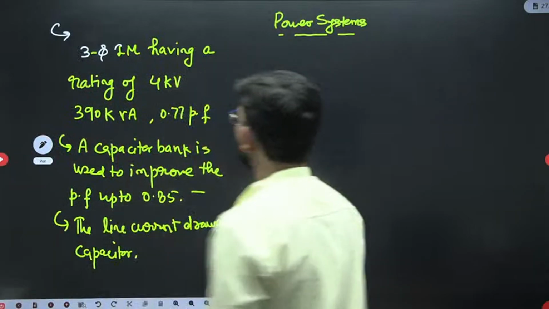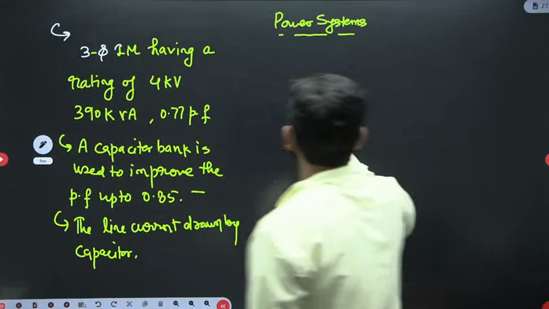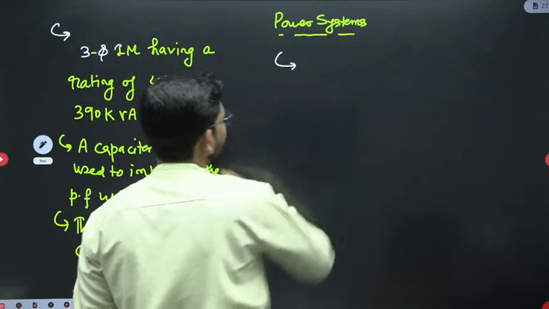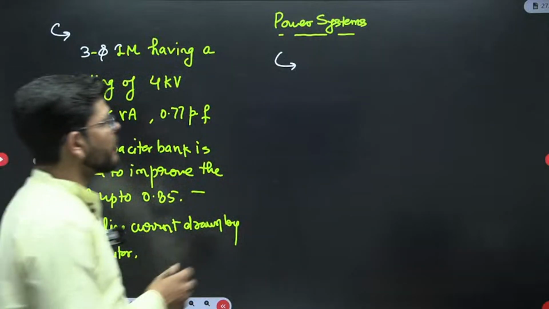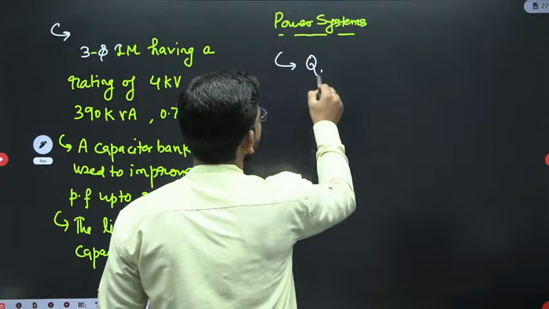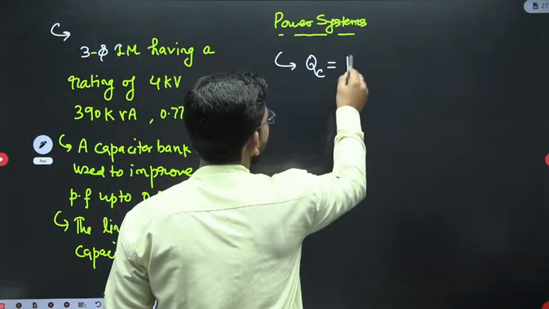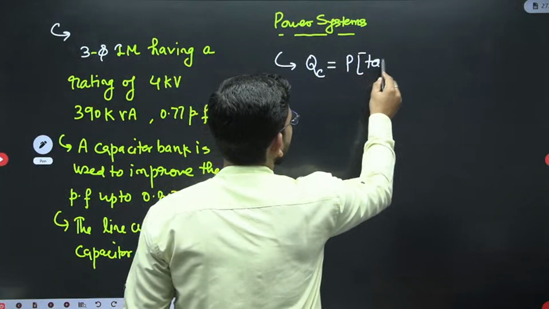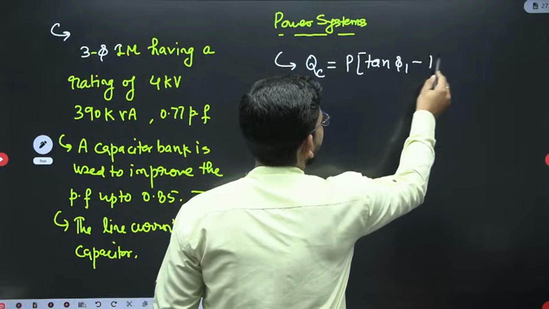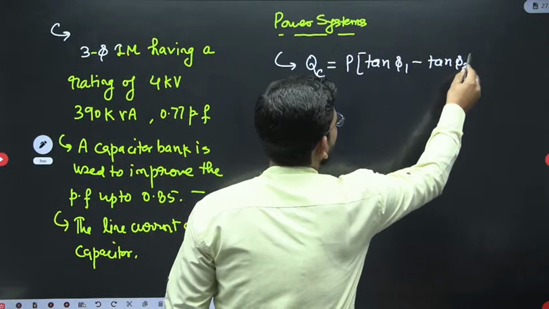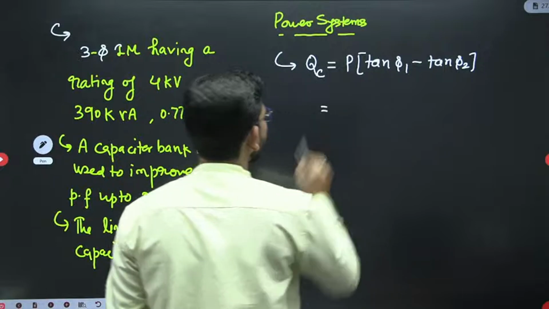So guys, you know one thing: if a capacitor is used for power factor correction, then the 3-phase rating of that capacitor or capacitor bank is given by P(tan phi 1 minus tan phi 2). How to calculate P?